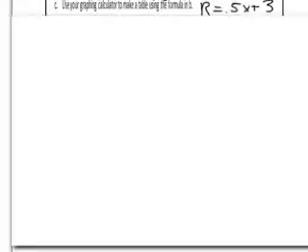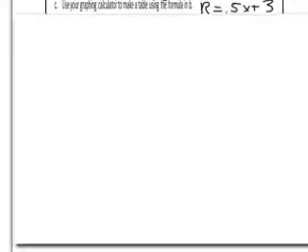So we're going to enter this into the calculator. R equals 0.5x plus 3. Of course, we're not going to enter the r. The r is going to be the y. You're going to push y, and there will be a whole series of y's going down.